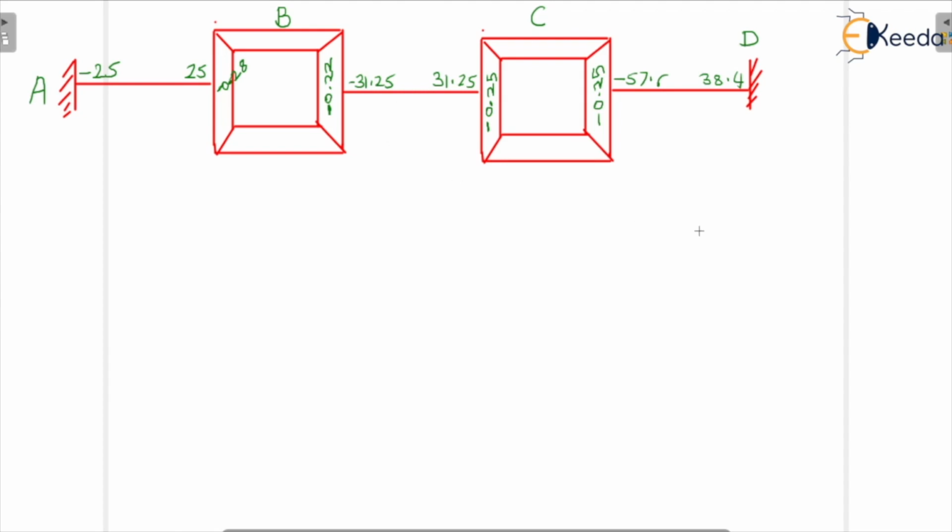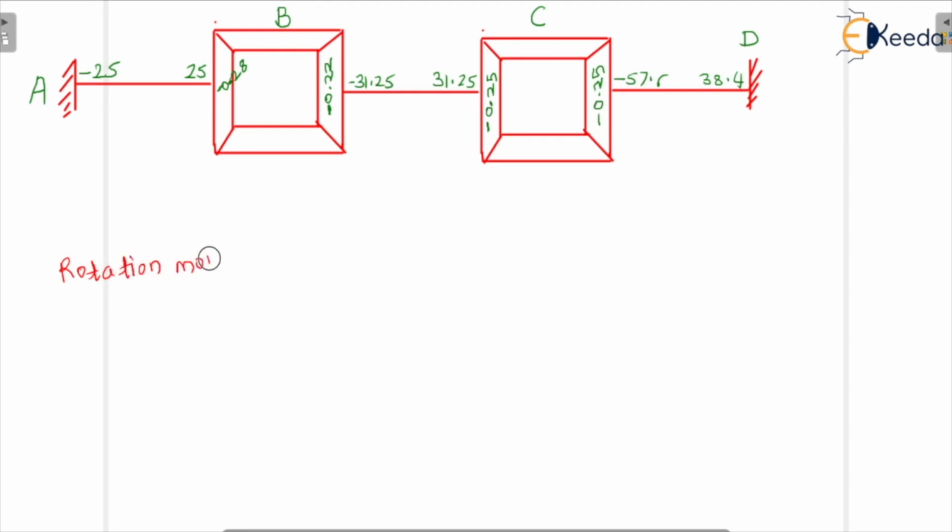Okay, now we have to calculate the rotation moment. So let's do the calculation. I'm leaving some space because we will be writing our answers here. So what is rotation moment?